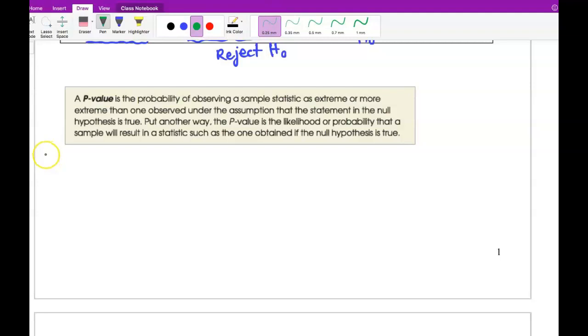So using different words, a p-value is a probability associated with your critical value.